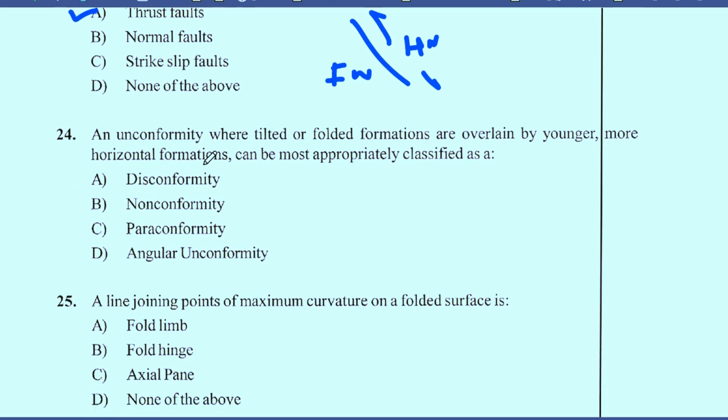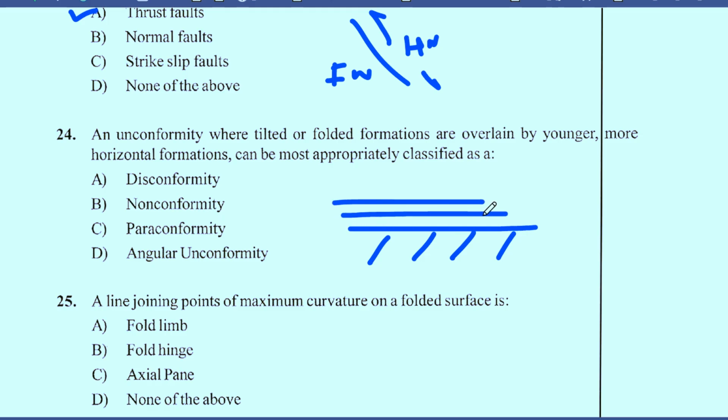Next question is an unconformity where tilted or folded blocks are overlain by younger, more horizontal formations, can be appropriately classified as. Suppose the below lying beds are like this and go over like this.